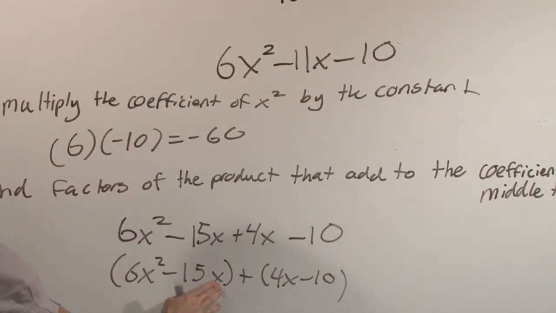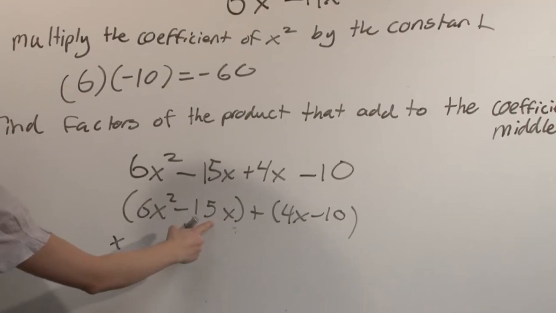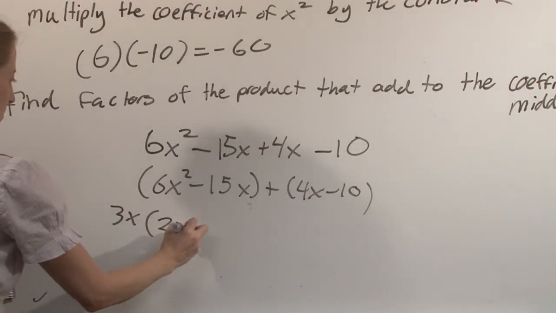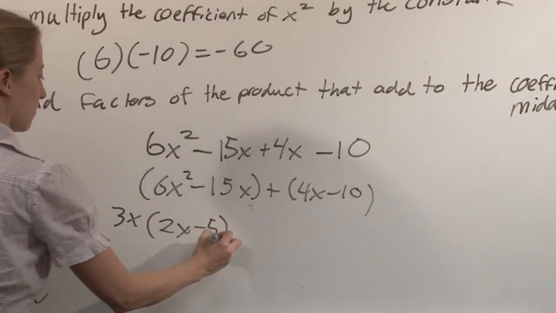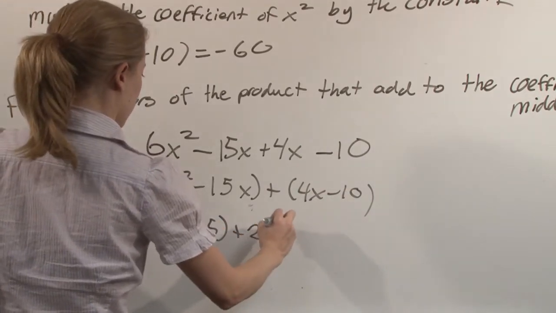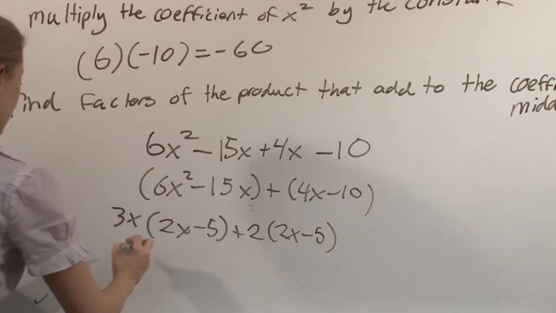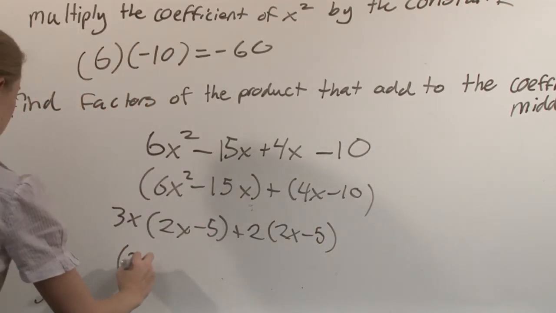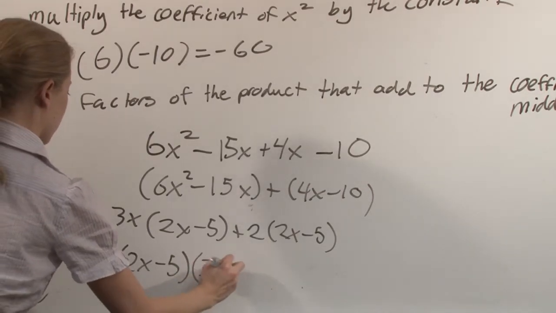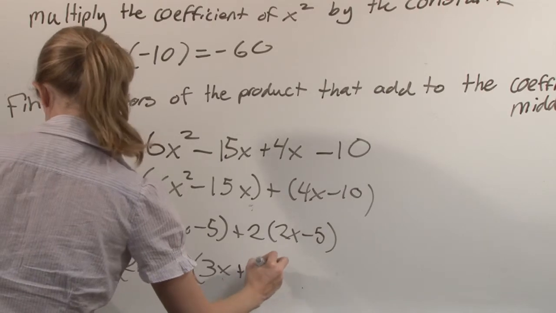The common factor in here, there's an x, and both of these are divisible by 3. So I'm going to be left with 2x minus 5. I can pull out a 2 from this one. Then I'll have 2x minus 5 again. And so now if I pull out the 2x minus 5 from both terms, I'm going to get 2x minus 5 times 3x plus 2.